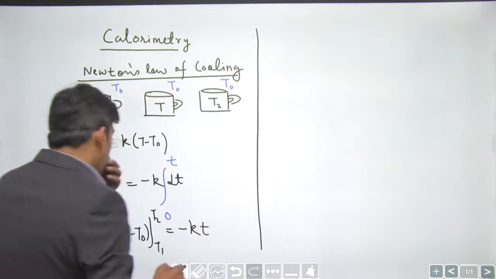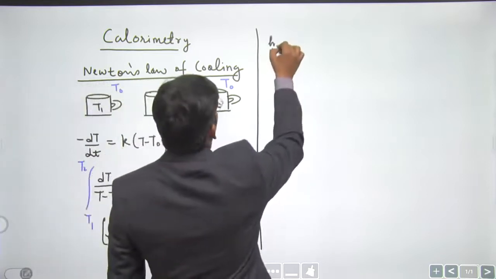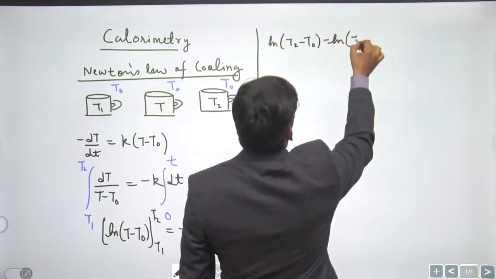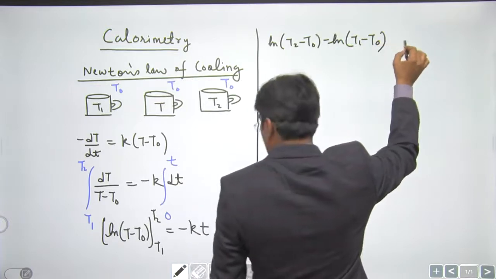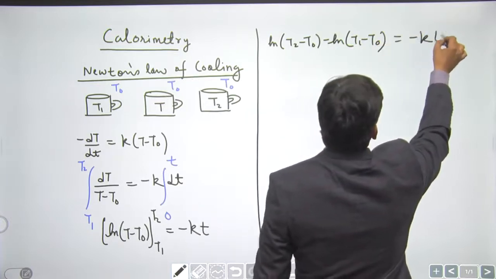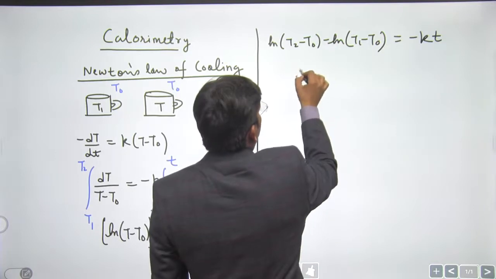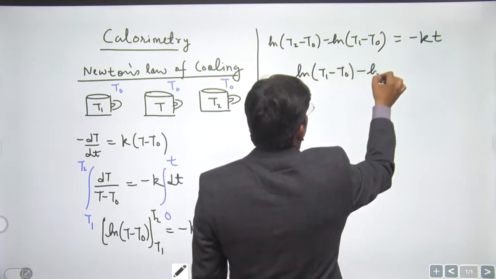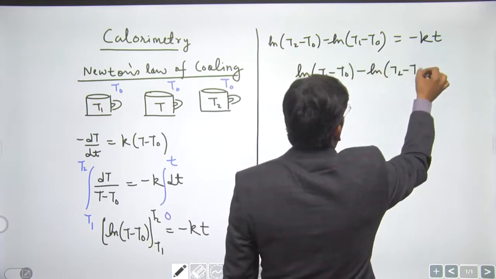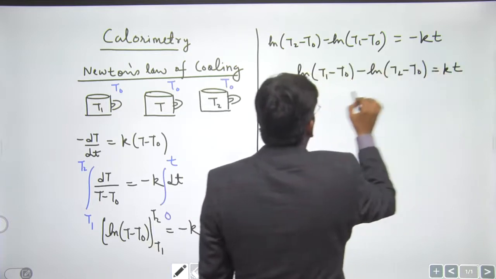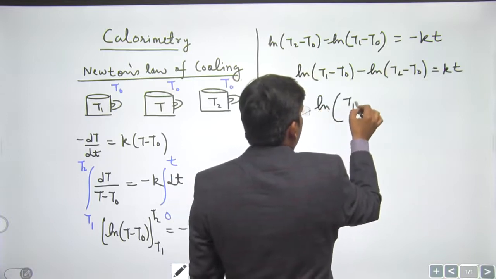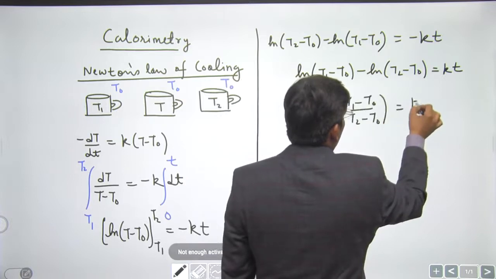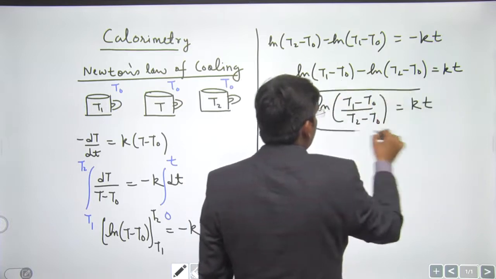This is ln of T2 minus T naught minus ln of T1 minus T naught equals minus kt. Multiply by minus 1, so this becomes ln of T1 minus T naught minus ln of T2 minus T naught equals kt. So this is ln of T1 minus T naught divided by T2 minus T naught equals kt, right?